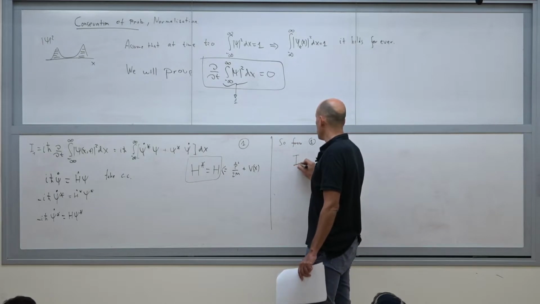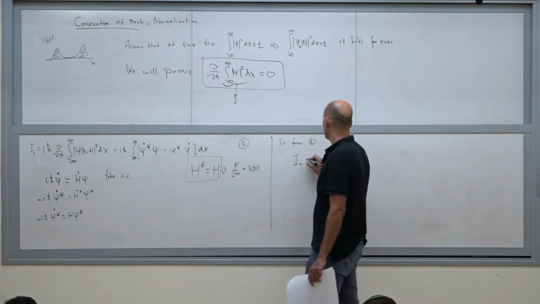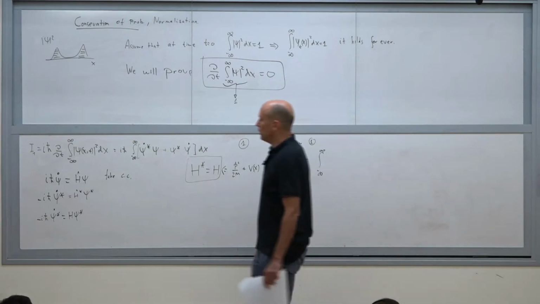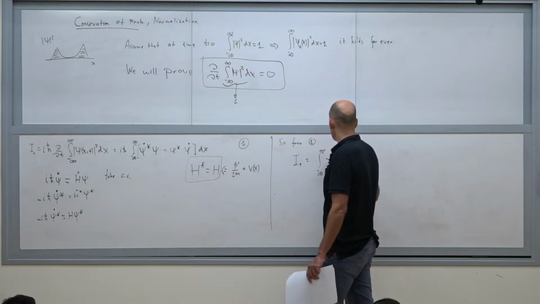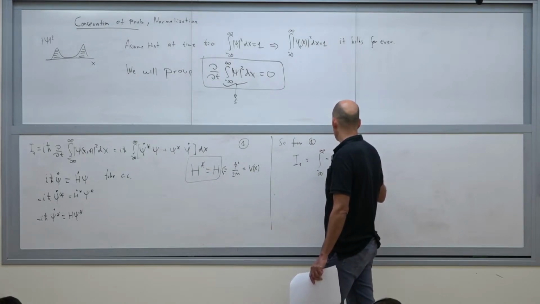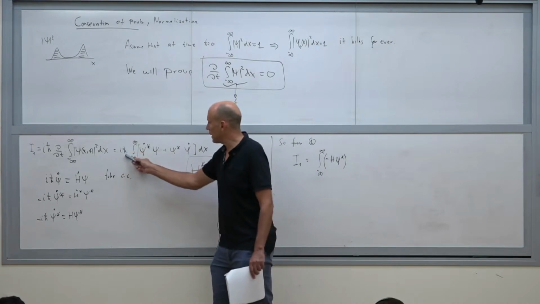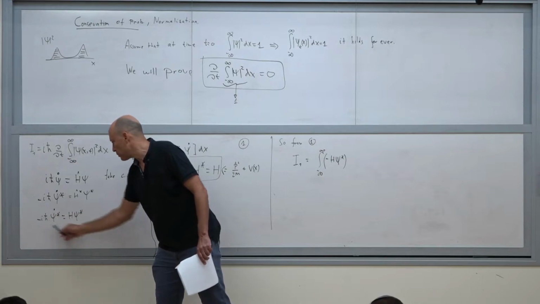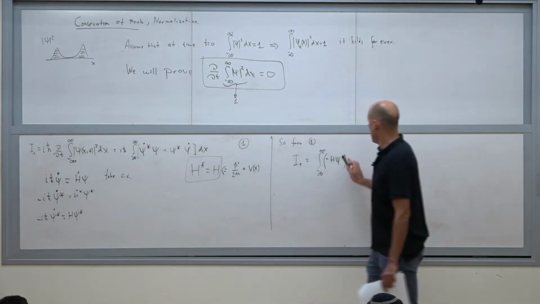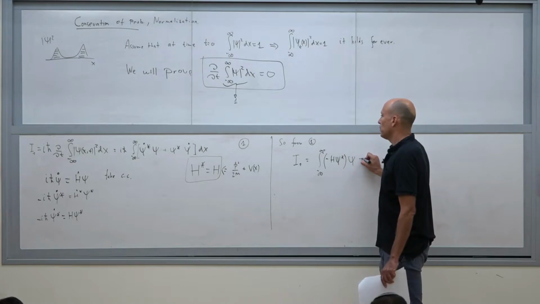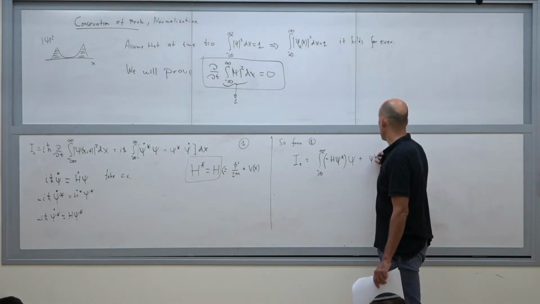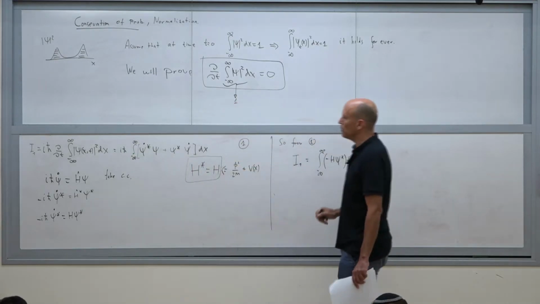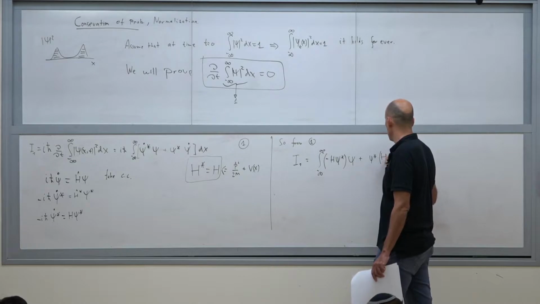So I1 is equal to the integral from minus infinity to infinity of minus H psi star, where again I replaced iħ psi star dot, times psi, plus psi star times iħ psi time derivative, which is again H psi.